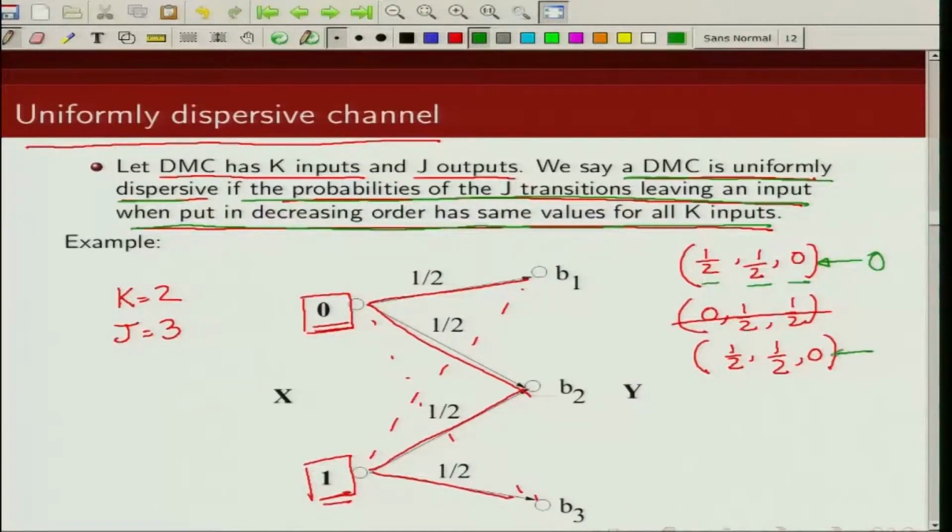When I did the same thing for input 1, I got half, half and 0. Note, this is same. So when I arrange these transition probabilities in descending order, it is same whether I consider 0 input or 1 input, and that's what my definition says. So this is an example of uniformly dispersive channel.